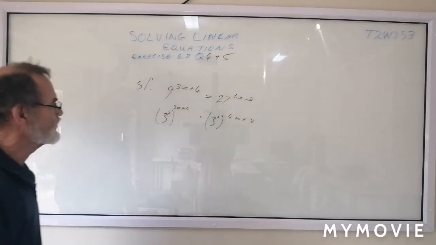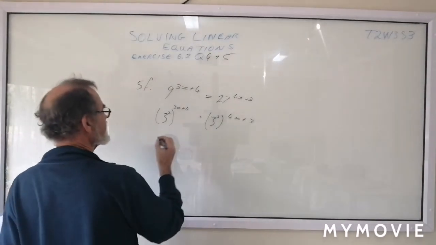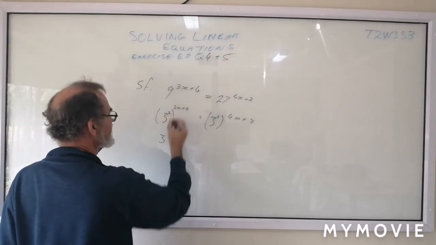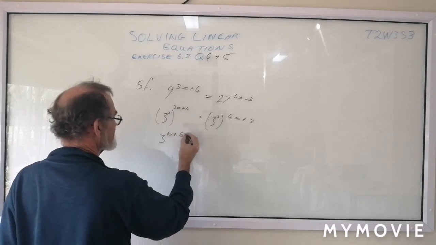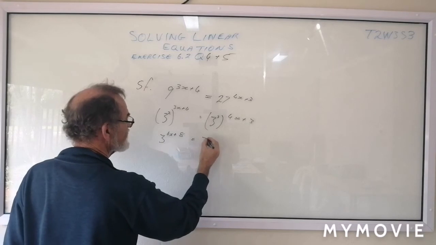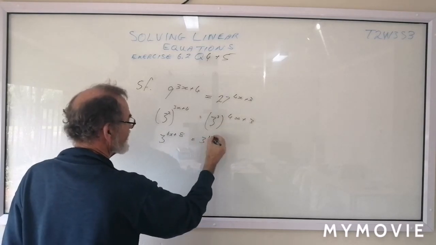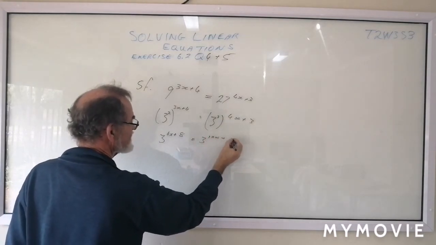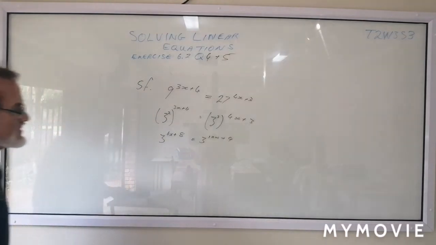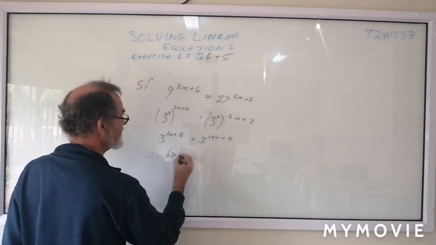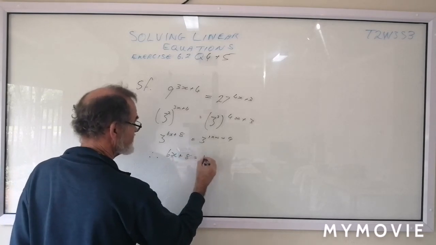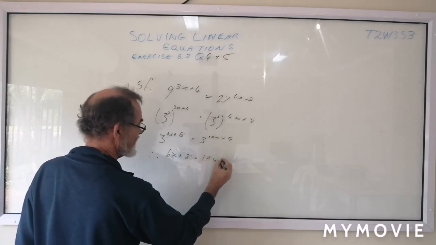Now we multiply our powers. So we get 3 to the power of 6x plus 8. And this is equal to 3 to the power of 12x plus 9. And there our bases are now the same, so we can write therefore 6x plus 8 is equal to 12x plus 9.